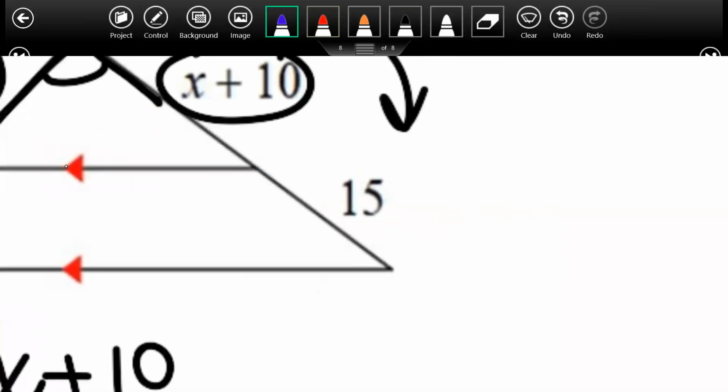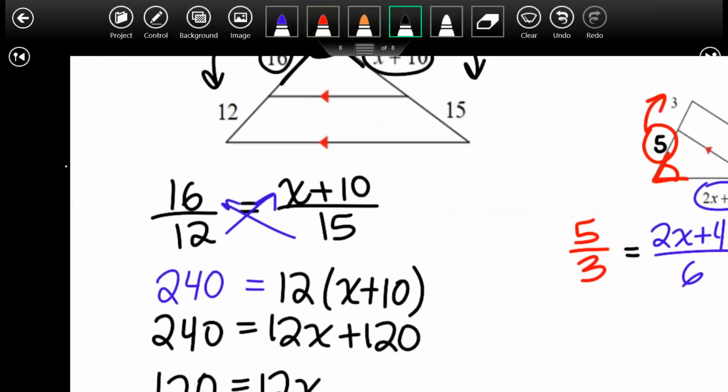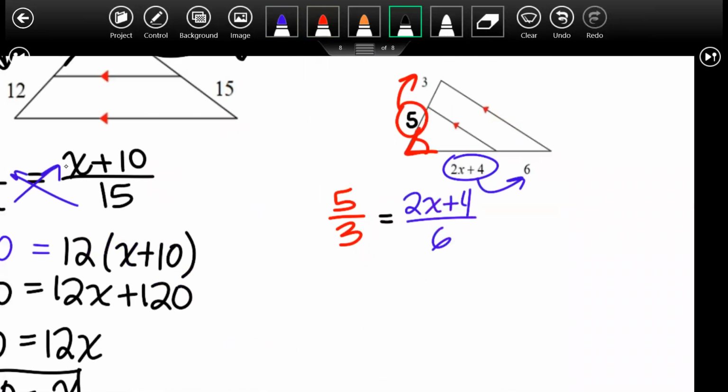What do I do to solve this out? Cross multiply. 5 times 6 is 30. 3 times 2x plus 4.